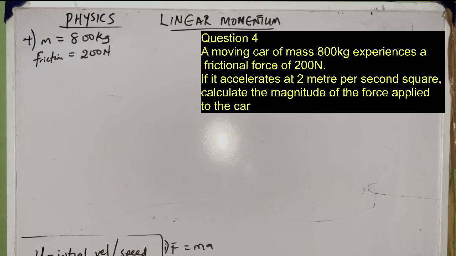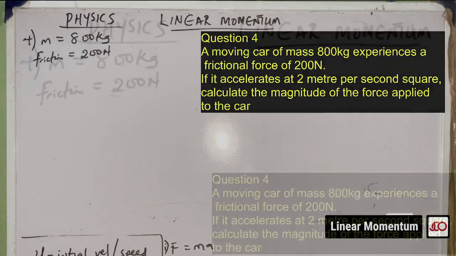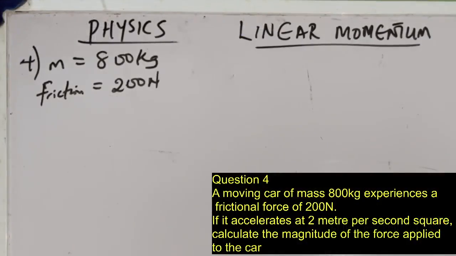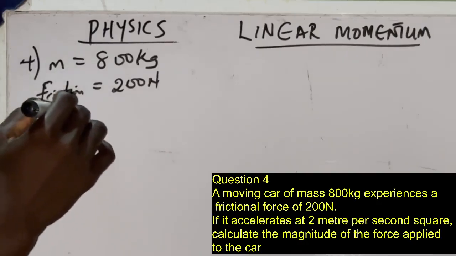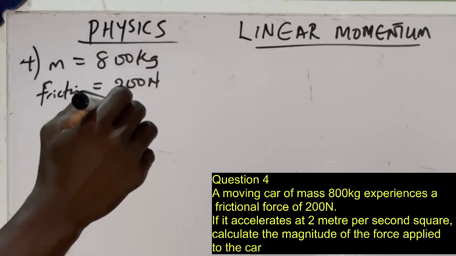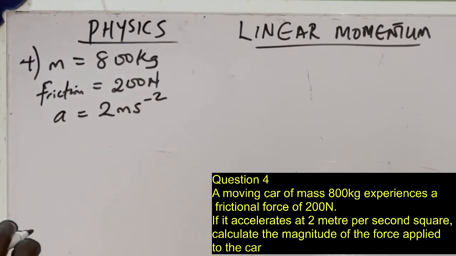So for me to move, I must have extra over the friction. That will determine the force I will use to move. Then it says if it accelerates at 2 meters per second squared, acceleration is 2 meters per second squared. Calculate the magnitude of the force applied to the car.